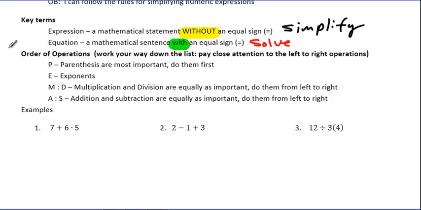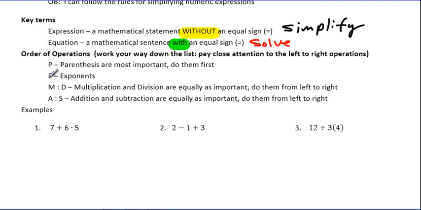Up next, order of operations. Order of operations is a way of telling us how to simplify numeric expressions. So it's ordered like this. We use the word PEMDAS.